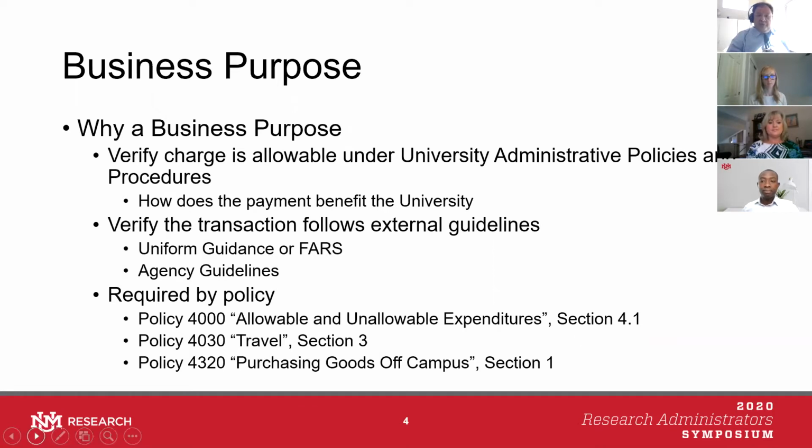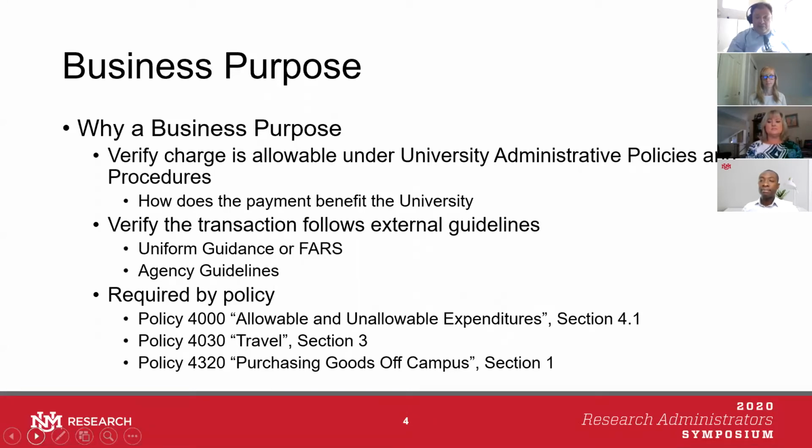The other purpose of a business purpose is that it's used by the fiscal monitor to verify that the purchase is following university administrative policies and procedures, and also external policies and procedures. Examples of the internal policies and procedures are Policy 4000, allowable and unallowable expenditures, Policy 4030, travel, and Policy 4320, purchasing goods off campus.